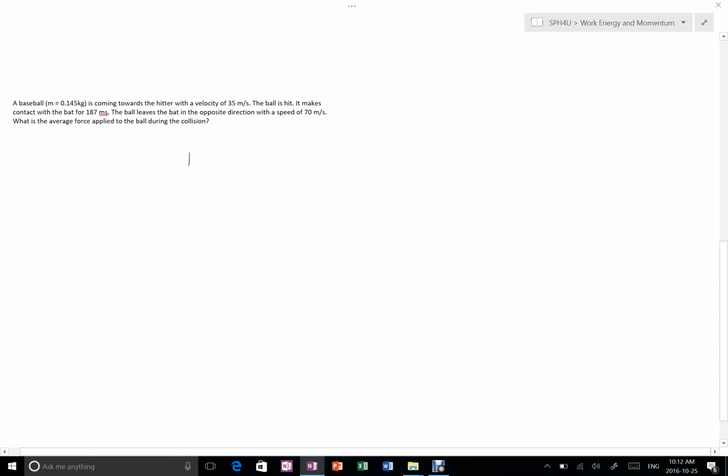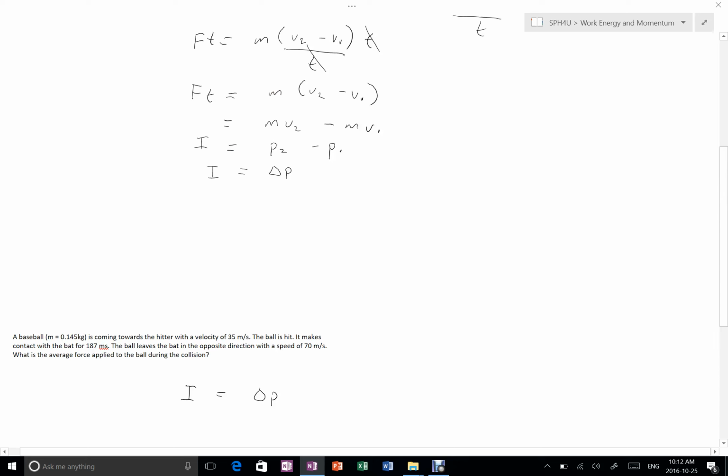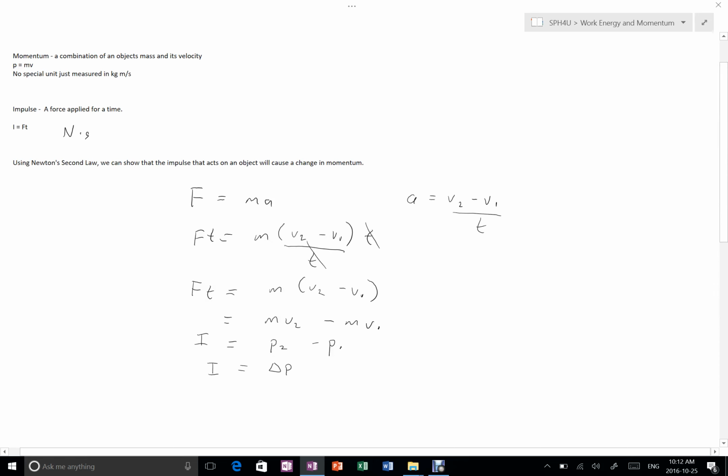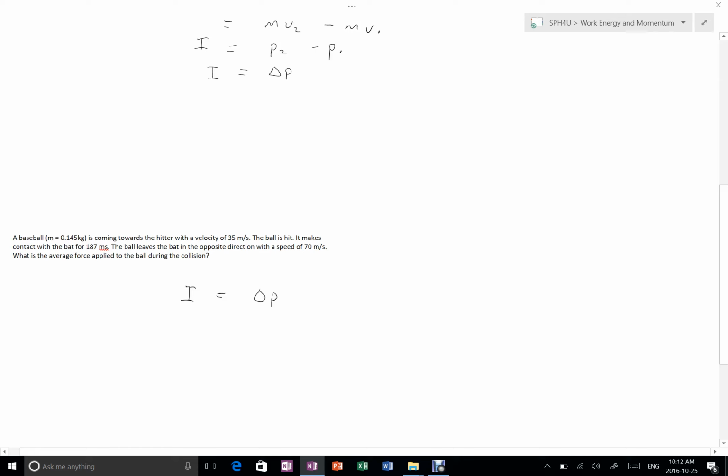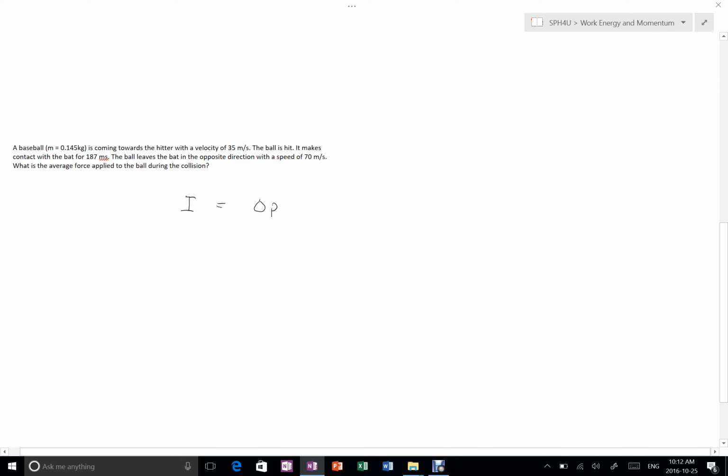So remember, impulse is equal to the change in momentum. Careful here, because momentum is mass times velocity, momentum is a vector like velocity was a vector. So impulse is equal to force times time, and momentum is equal to mass times velocity.